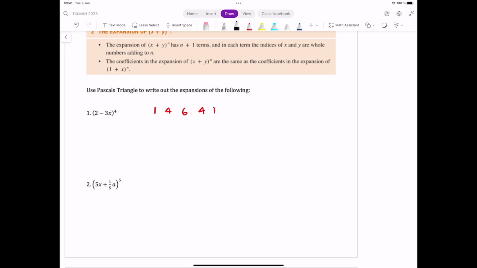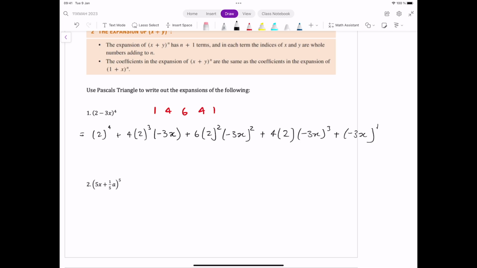So we've got 2 to the power of 4 plus 4 times by 2 cubed minus 3x to the power of 1 plus 6, 2 squared minus 3x squared plus 4, 2 to the power of 1 minus 3x cubed plus minus 3x to the power of 4.